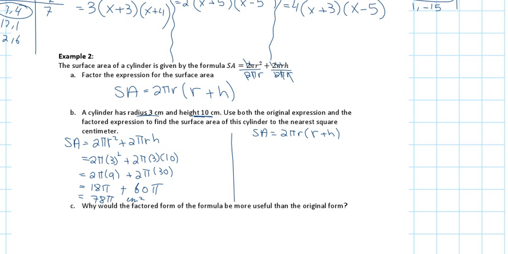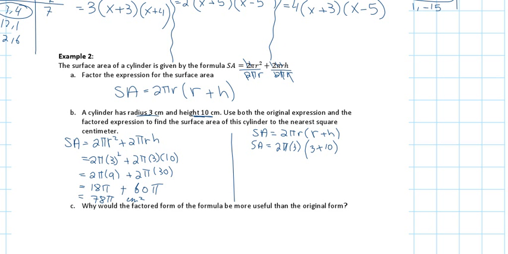So in the first equation, where I replaced the r and the h, what does BEDMAS say I have to do? The brackets. So add inside the brackets. So surface area equals 2 pi times 3 times 13.